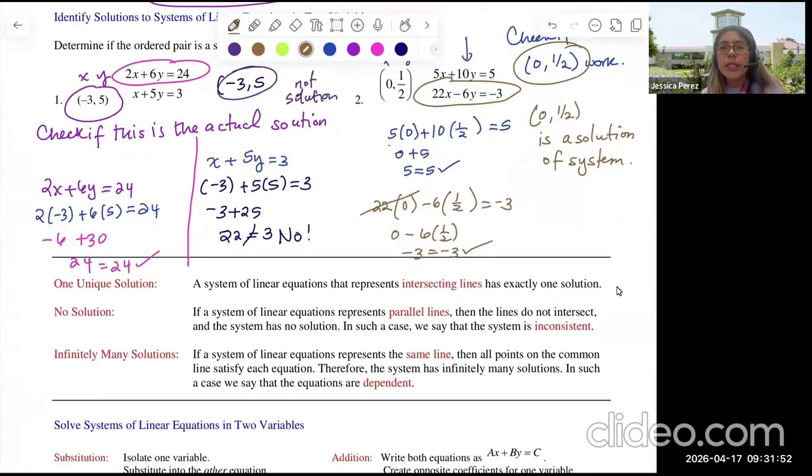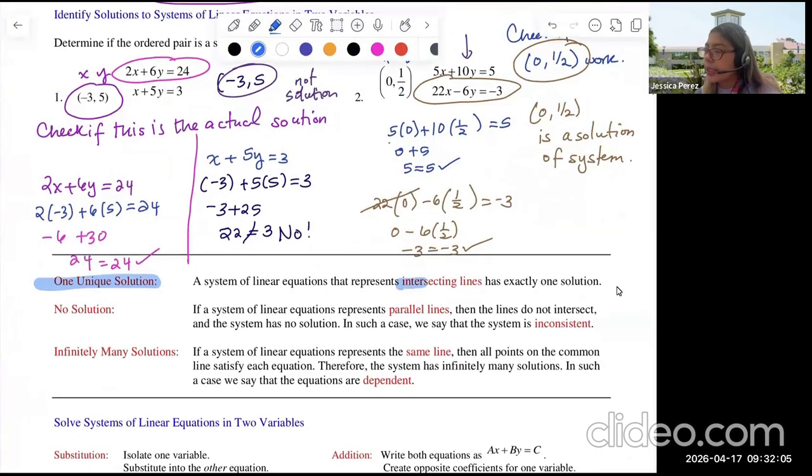Now, what are the possibilities we can have when we have a system of equations? We can have one unique solution. These are the different possibilities. You can have one unique solution, which is a system of equations representing lines intersecting at exactly one point. So you have two lines, they intersect at one single value. That means you have a unique solution.